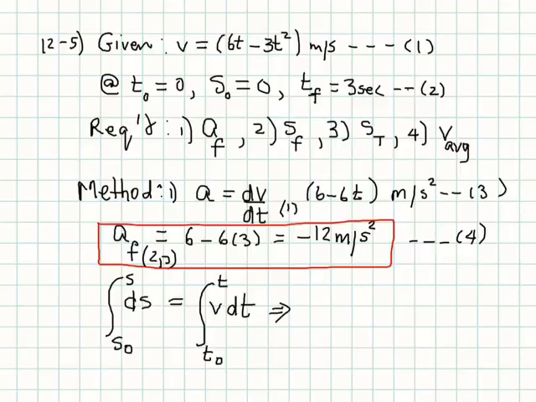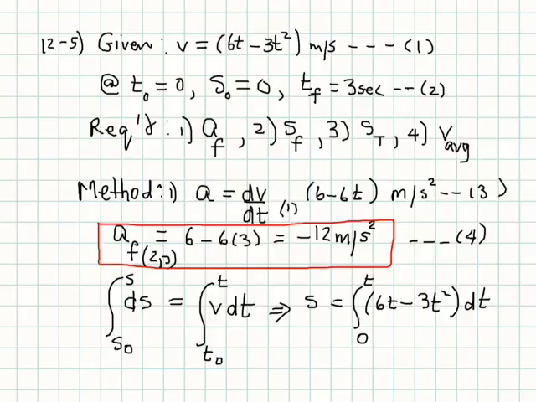So if I integrate the left-hand side, this says that s is equal to the integral of, now let's just bring in the expression for velocity from equation number 1, 6t minus 3t squared dt, and I'm going to integrate this, of course, from t0, which of course we know is 0, to any time.